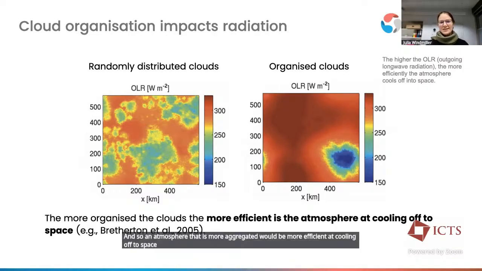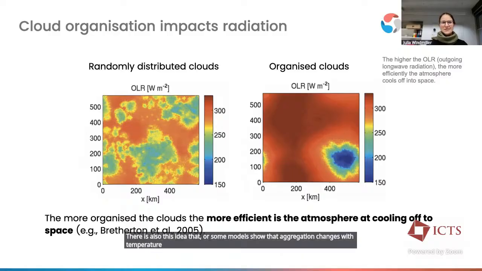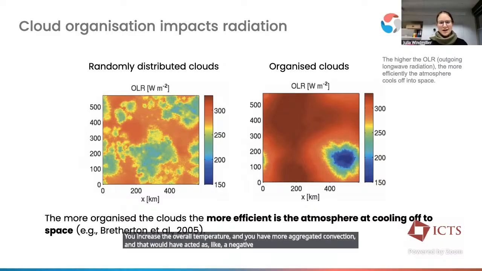I think these were the findings that triggered a lot of research in this area, because there is also this idea, or some models show, that aggregation changes with temperature. Especially, there was an initial study that found a very clear relationship: you increase the overall temperature and you have more aggregated convection, and that would have acted as a negative feedback to climate change.